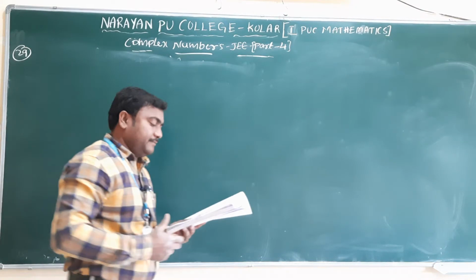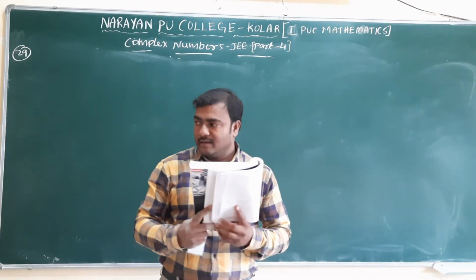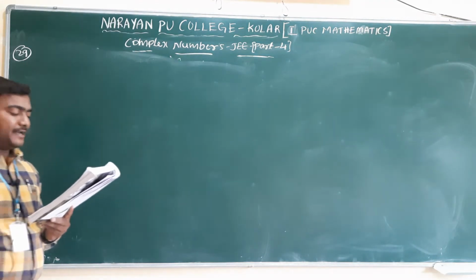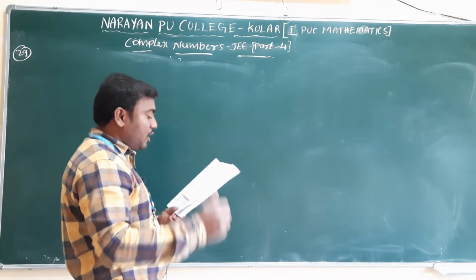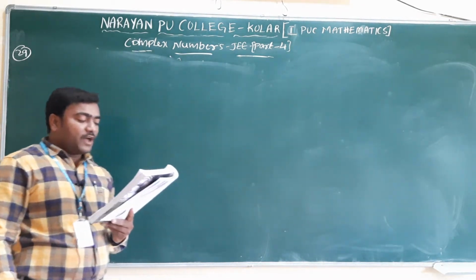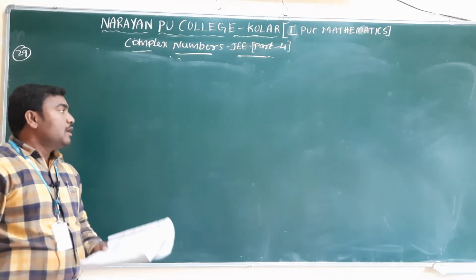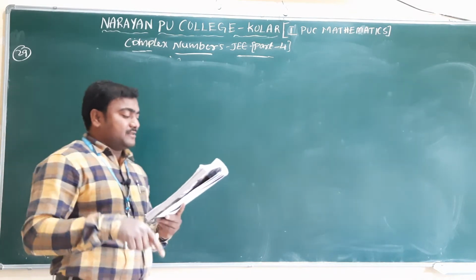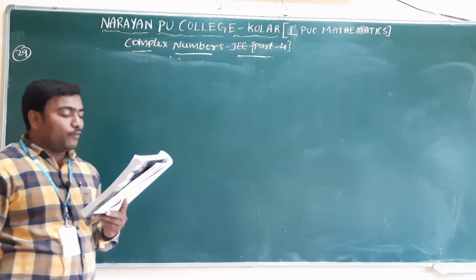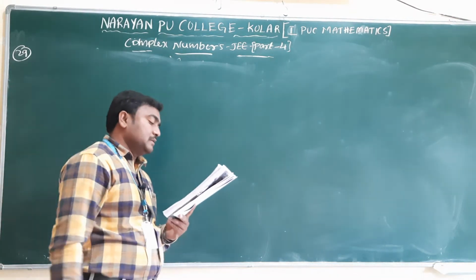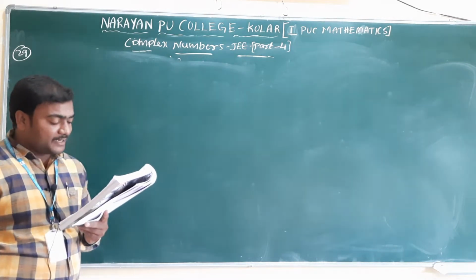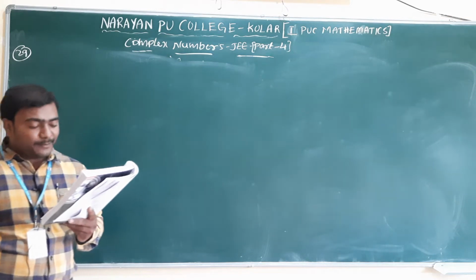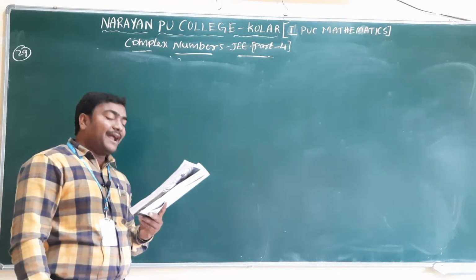Question number 29. A man walks a distance of 3 units from the origin towards the north-east direction. From there he walks a distance of 4 units towards the north-west direction, 45 degrees, to reach a point P. The point P in the Argand plane is?